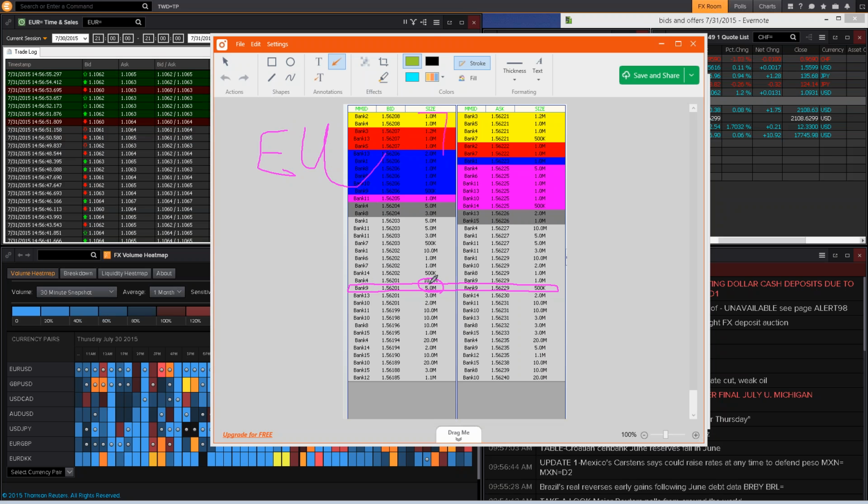You'll see on the bids, right, all the banks, whatever price, if they offered this price, like let's say maybe another bank offers another 10 million, 20 million, 40 million.